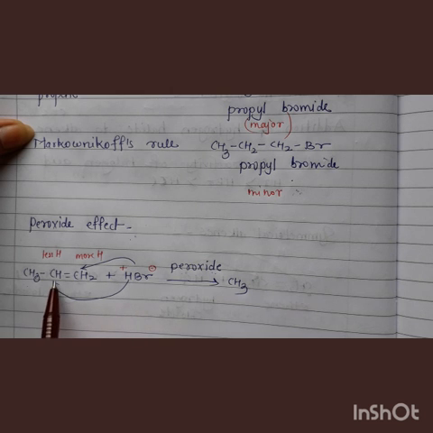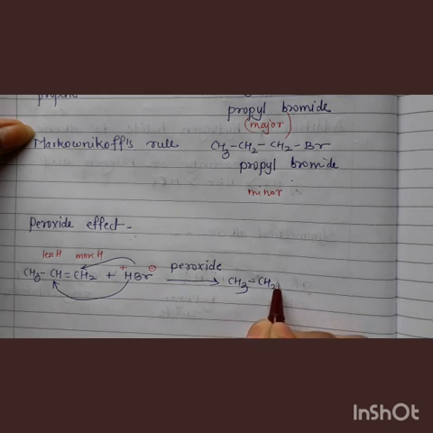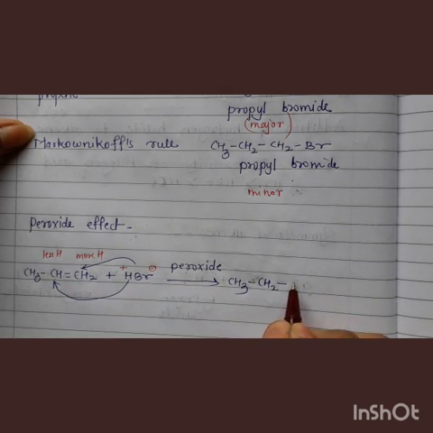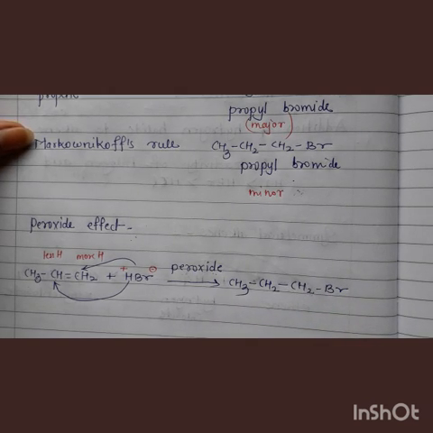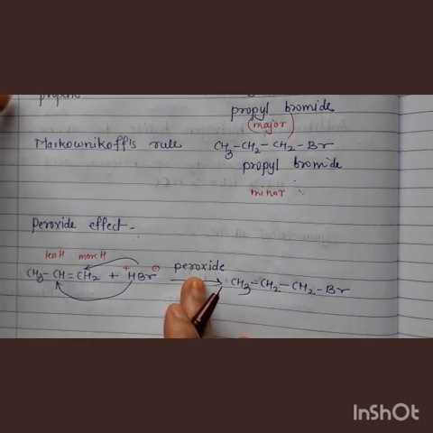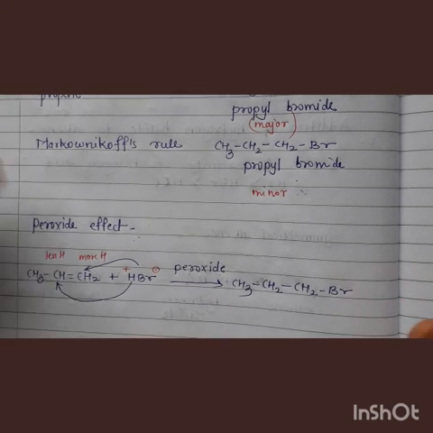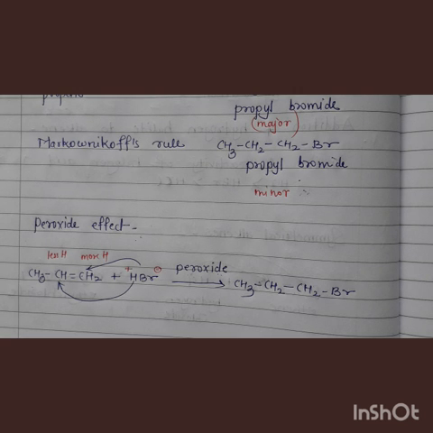CH3, on this carbon atom hydrogen will get added, so it will become CH2, the double bond will become single bond, and on this carbon atom bromine will get added, so it will become CH2Br. So in presence of peroxide, anti-Markovnikov's addition takes place. In this way we can prepare alkyl halides by using unsymmetrical alkenes.